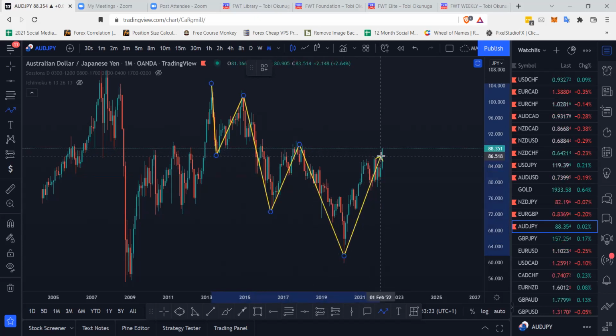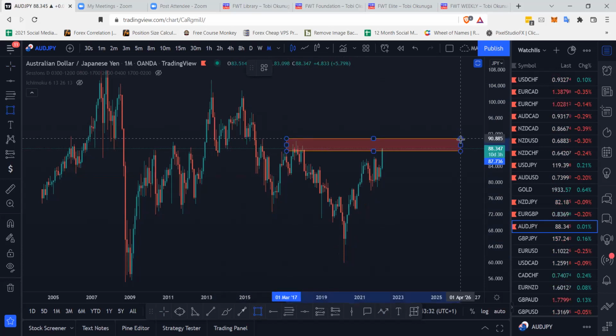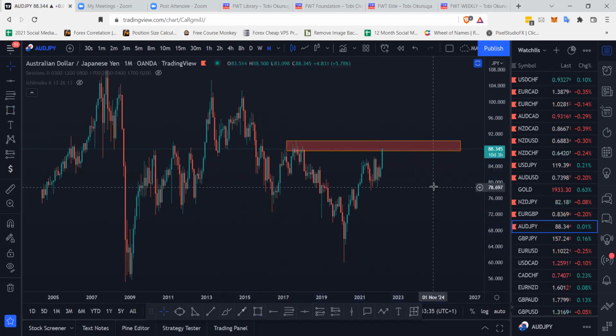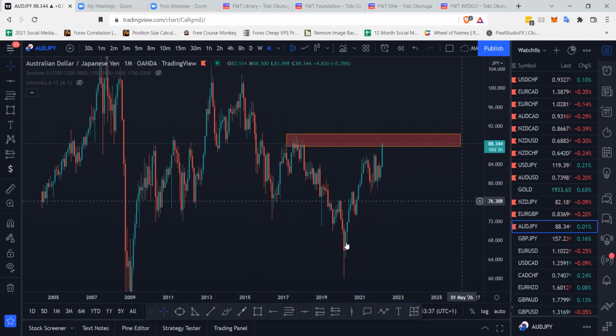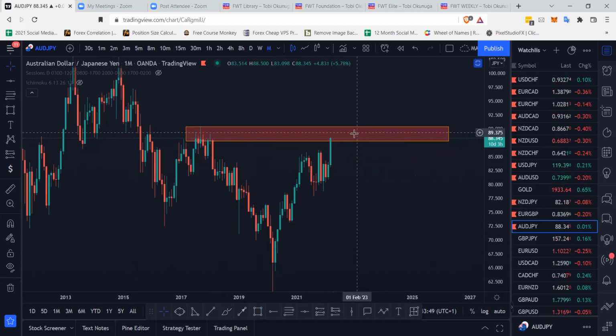Price is back to supply. Price is in the supply zone here. That's on monthly. So we should expect some kind of indecision here, and of course a move to the downside based on this supply zone on monthly.